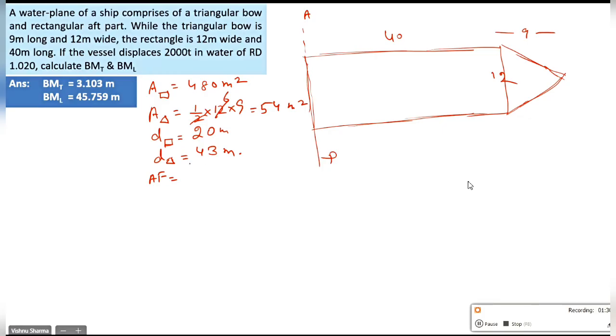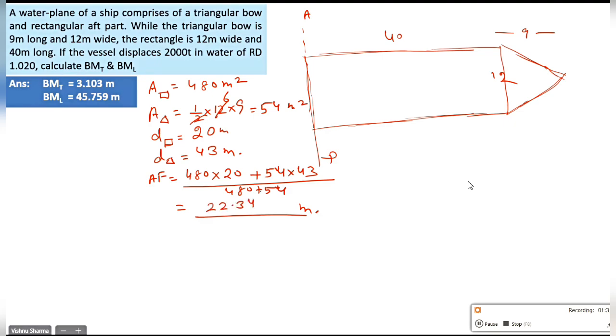It will be the area of the rectangle, 480, multiplied by its distance from the after perpendicular, which is 20, plus the area of the triangle, which is 54, into its distance 43, divided by the total area, which is 480 plus 54. Can you tell me how much AF comes to?